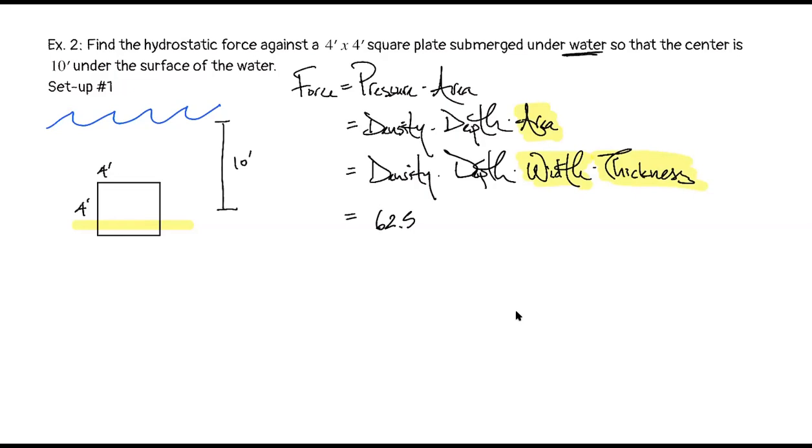That's a different number from Thursday because we weren't looking at it with feet. We were measuring it with different units, okay? Now I believe the problems tomorrow are all with feet. So 62.5 is a good number to know for the density of water, right? So we've got our density.